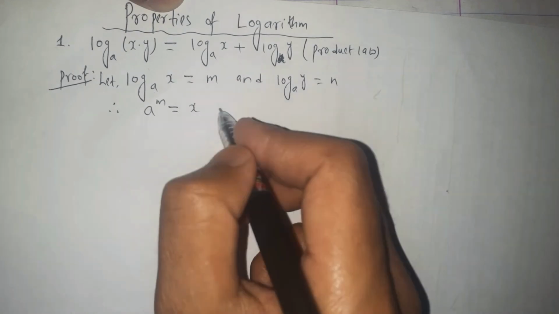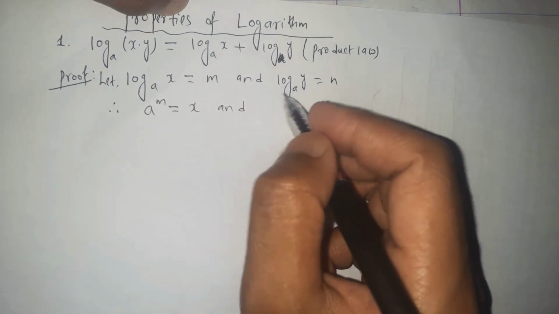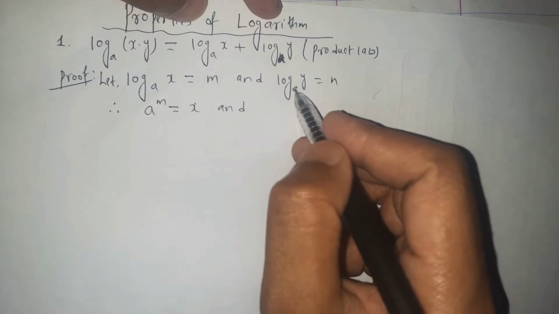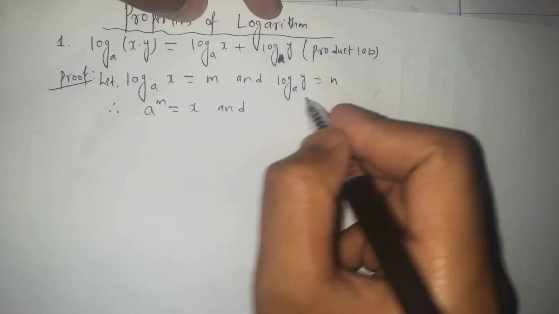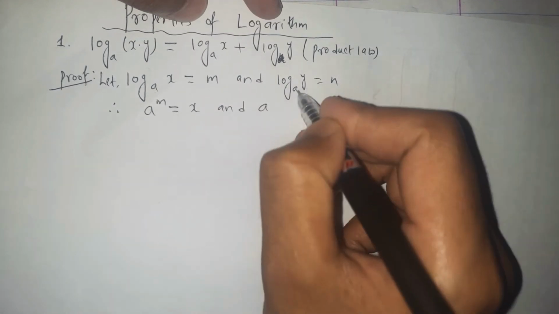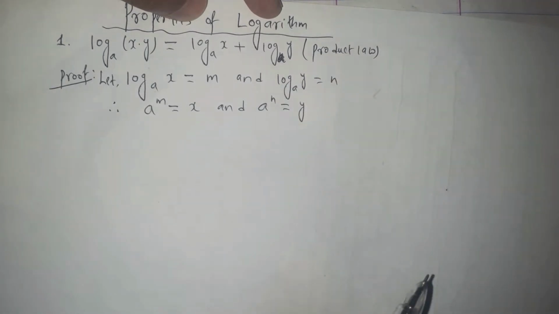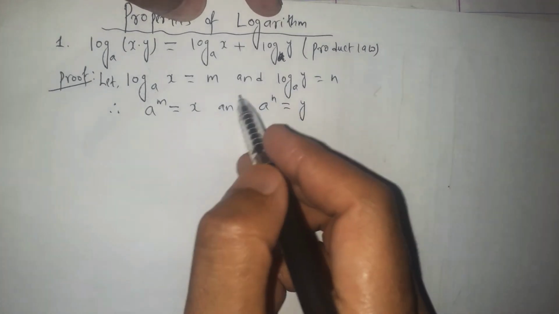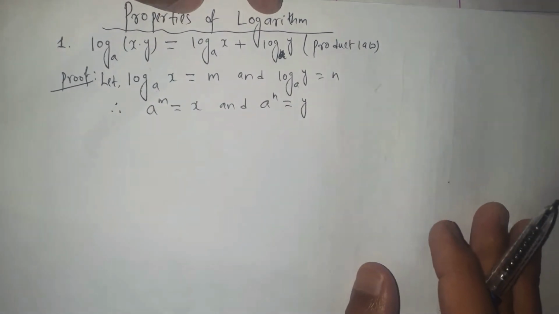Similarly, log of y with base a is n means a to the power n is equal to y. These are the exponential equivalents of the logarithm form.